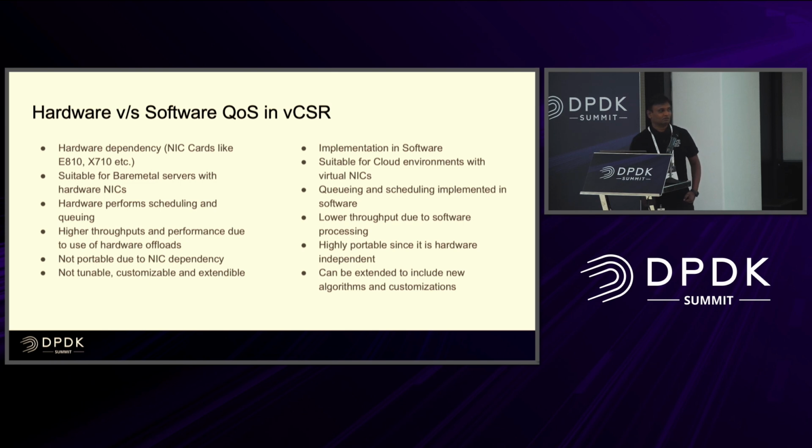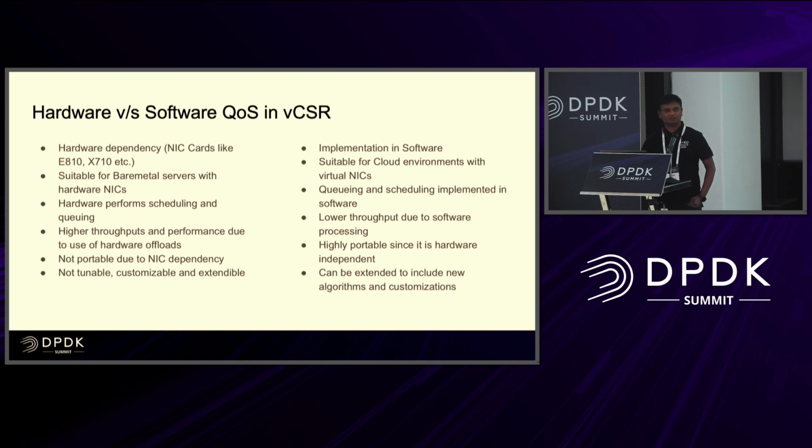Now, there are two ways to implement QoS in VCSR: in hardware as well as in software. In hardware, we can use NIC cards like E810 or X710 to implement QoS, and it is mainly suitable for bare metal servers, which have direct access to the hardware NICs. Here the hardware does all the QoS functionality like scheduling and queuing.